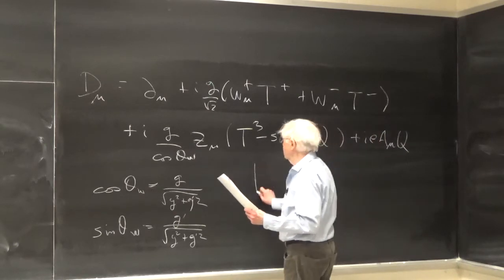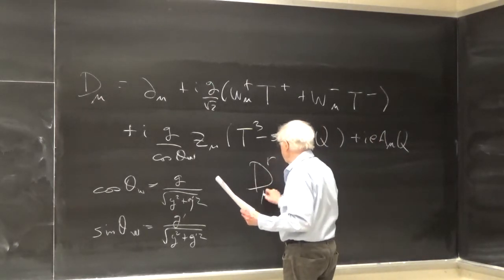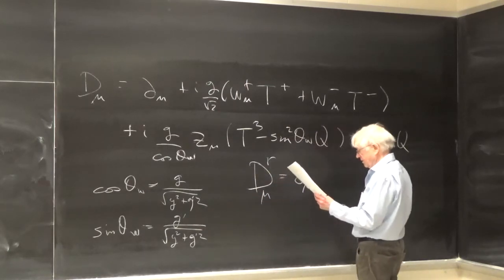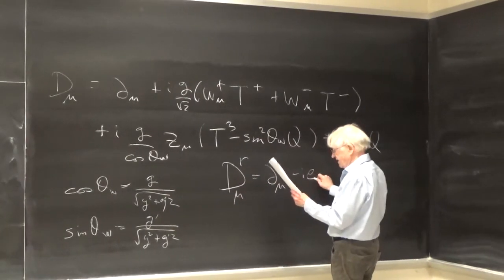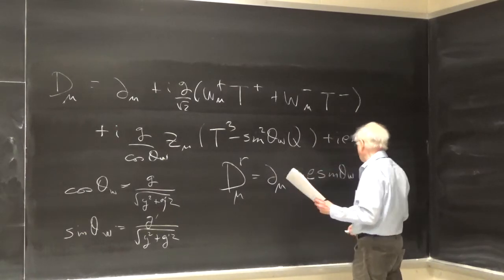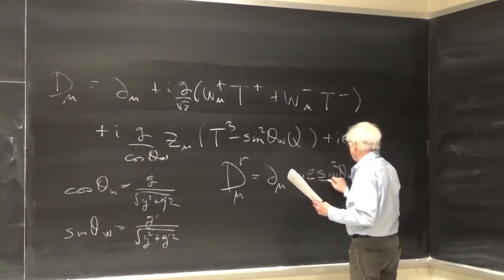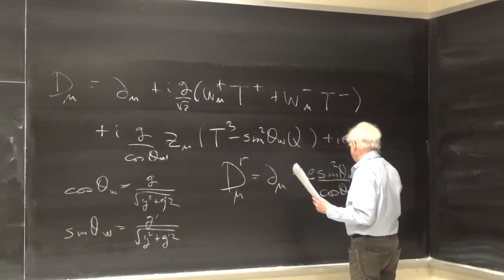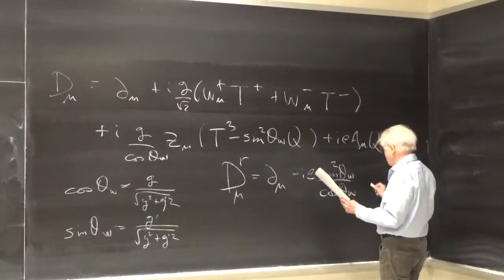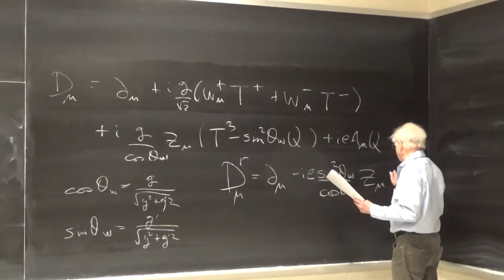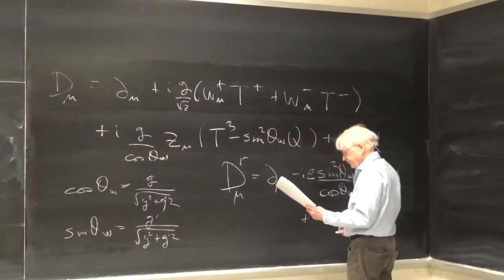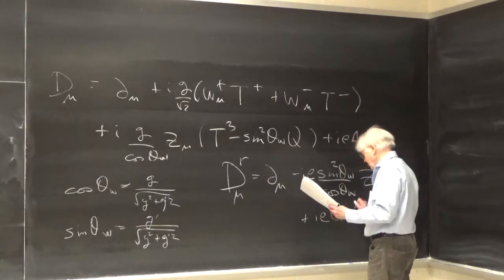The covariant derivative acting on a right-handed field is quite simple. It's the ordinary derivative minus i e sine theta W, which I guess the simplest way is to write over cosine theta W, or equivalently sine theta W tan theta W, Z mu Q, plus i e Q A mu.